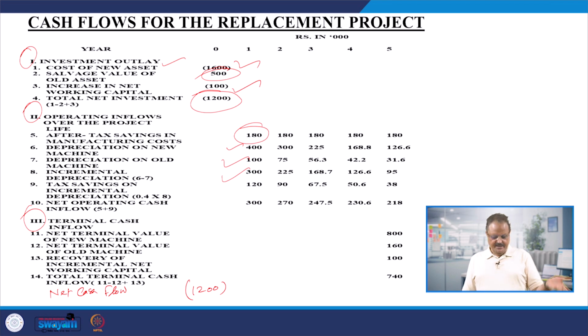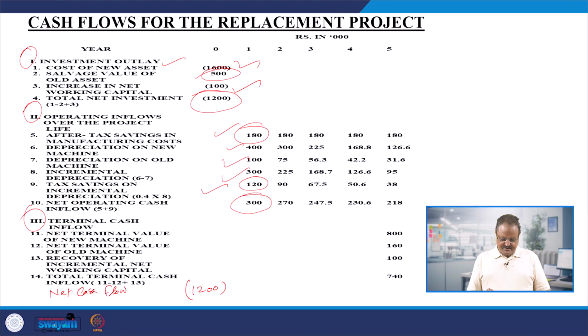So your non-cash cost will increase by 300, and when the cost increases, the tax liability will go down. So the tax saving would be 120,000. So it means the after tax savings in the manufacturing cost would be 180, and because of the depreciation 120. So the net operational savings are going to be 300. So the net operating cash inflow would be 300, which is going to be the additional cash flow coming from the replaced machine or replaced asset.